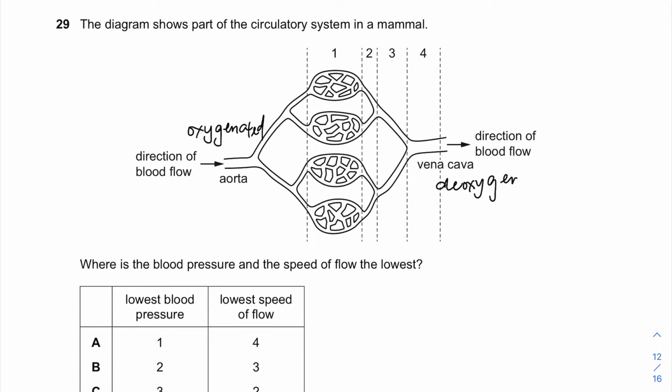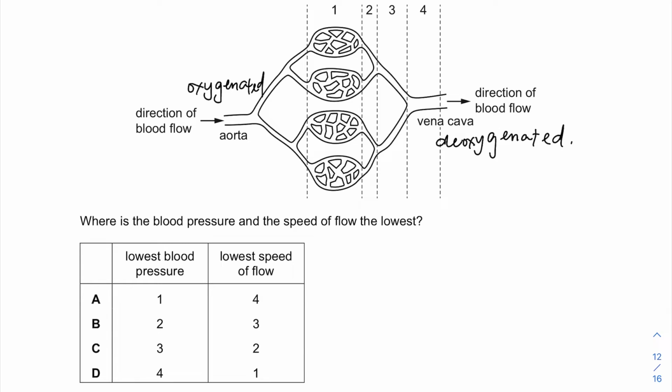So these are deoxygenated blood. Where are the blood pressure and the speed of flow the lowest? So speed of flow would definitely be lowest in the capillary. So capillary, number 1 here, is the capillary. And the lowest blood pressure would be number 4, vena cava, the main vein.